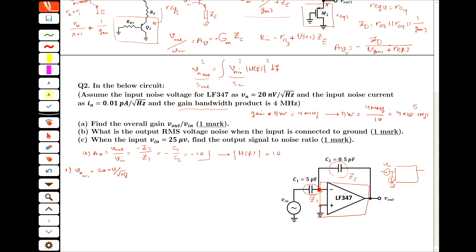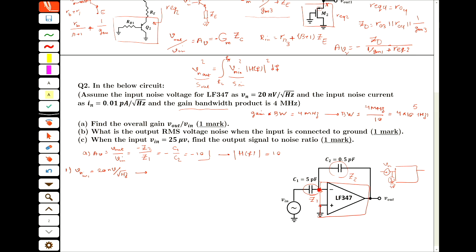The integral should go from fL to fH, the operating frequency of your system. For Vn in and H(f), both of them are frequency independent, so they simply can come out of the integral. And for the first one, don't we have to include the bandwidth as well? Yes, we do the integral over the bandwidth.